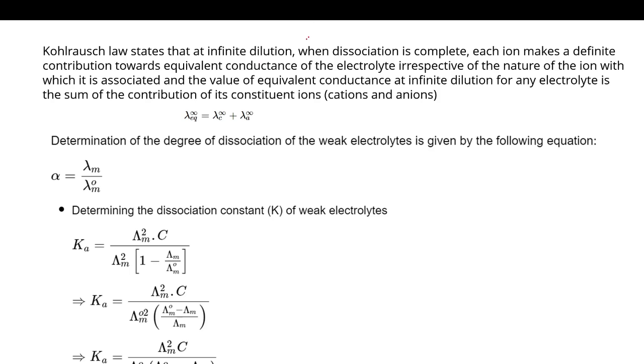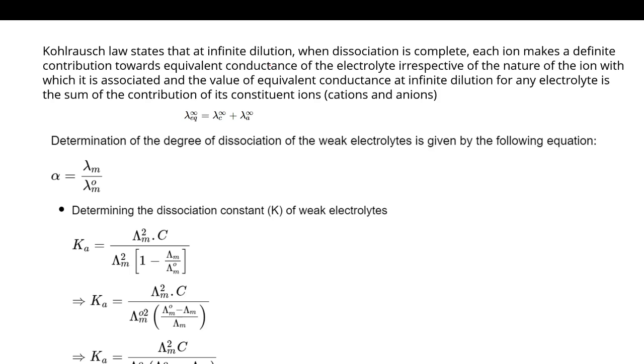Then the dissociation of that weak electrolyte, for example a weak acid or base, is complete because it is going to infinite dilution, and each of the ions present in the electrolyte, for example in NaCl there is Na plus and Cl minus, will get dissociated, and you get the sodium ions and the chloride ions.